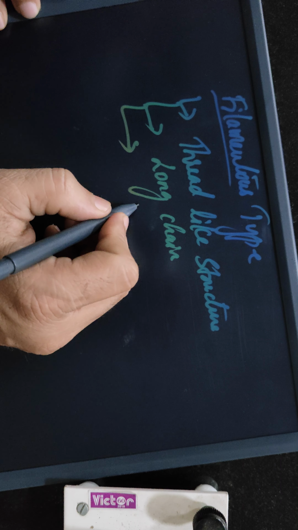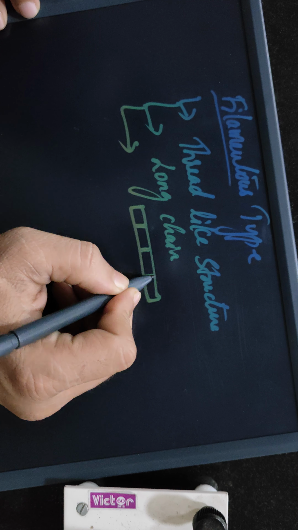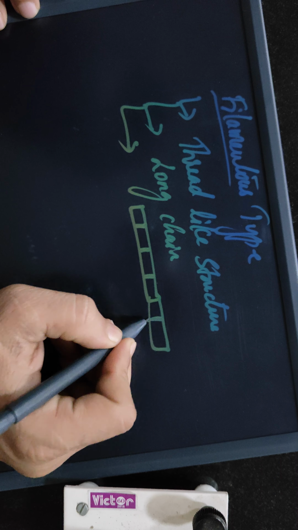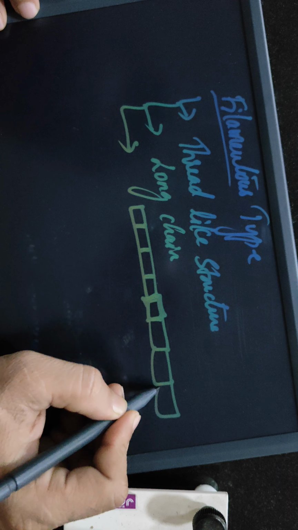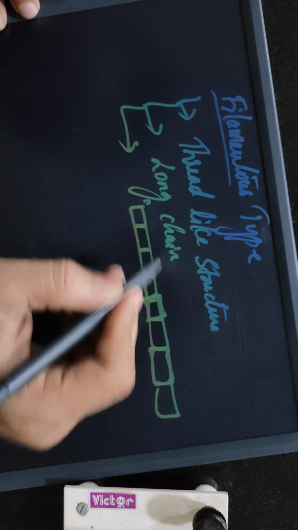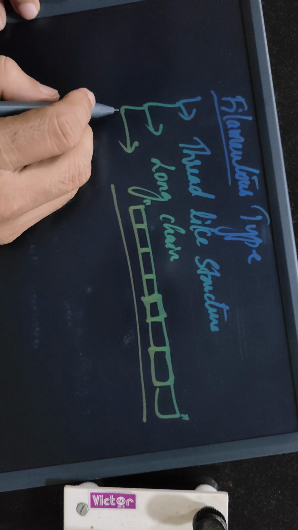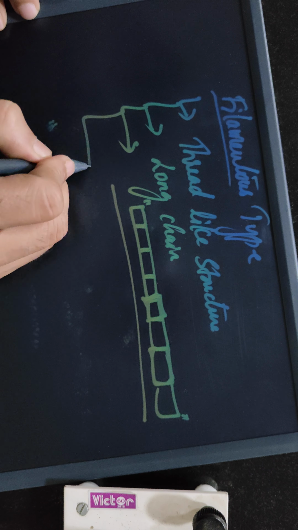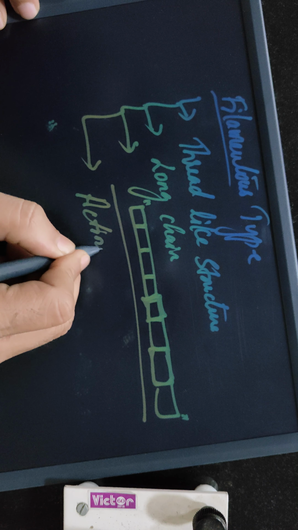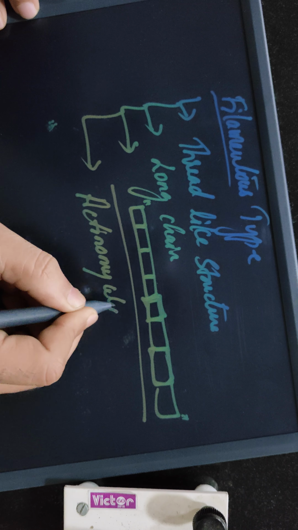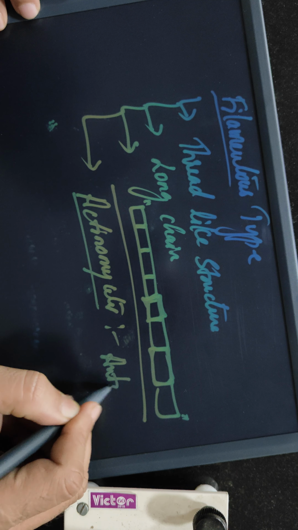They divide within this long chain, and a new cell is formed. They start growing within this long chain structure, and the example is actinomycetes, which are reported to have highly significant value to produce antibiotics.